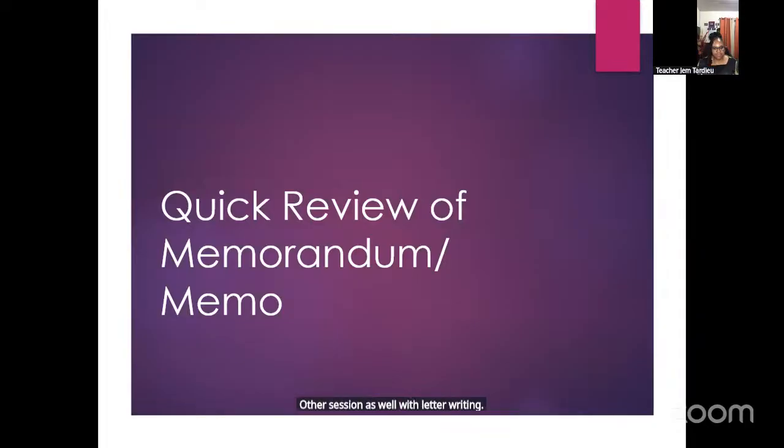So again, before we get into memos, with report writing, which is very similar in structure to letter writing, they either say write a letter, it may be a letter of complaint.